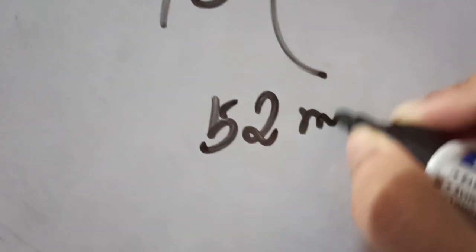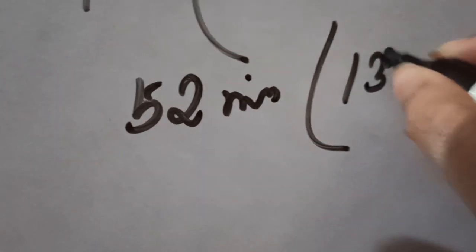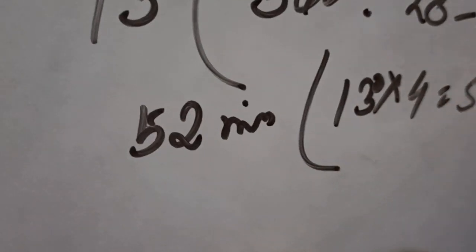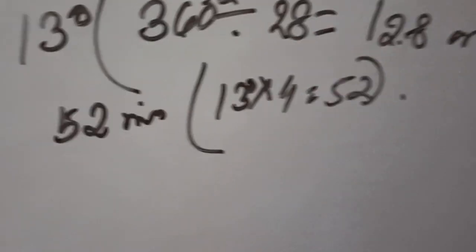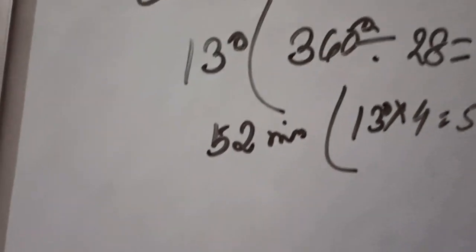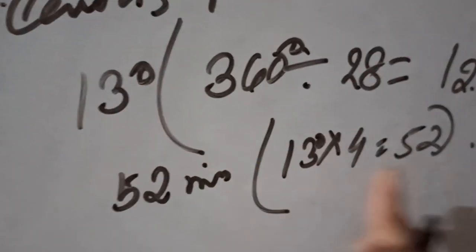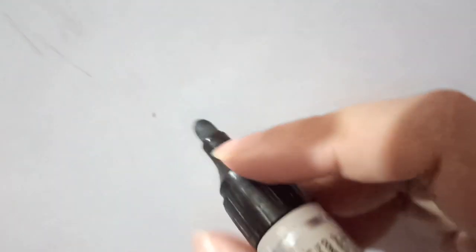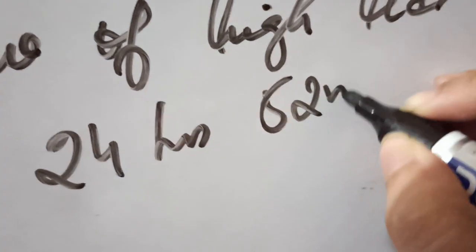Okay, so therefore the exact time taken to reach this is about 52 minutes. How 52 minutes? 13 degrees into 4 comes to 52 minutes to reach that place. For this reason the time of the high tide changes every day, and the interval between the corresponding high tides is about 24 hours 52 minutes.